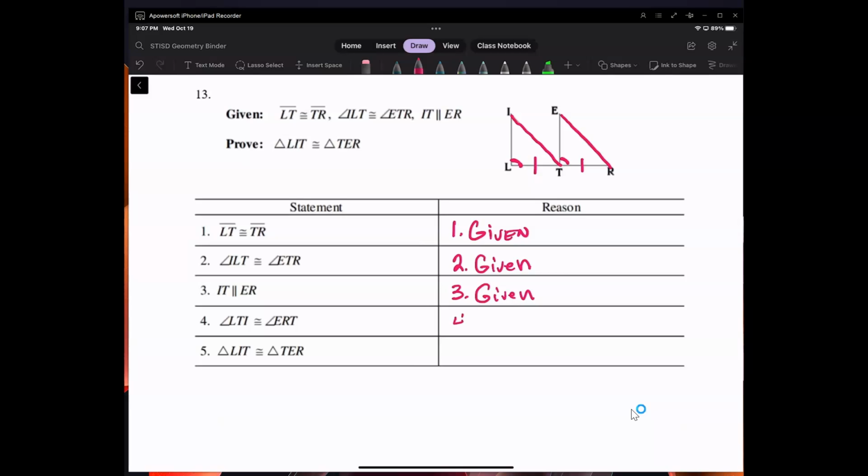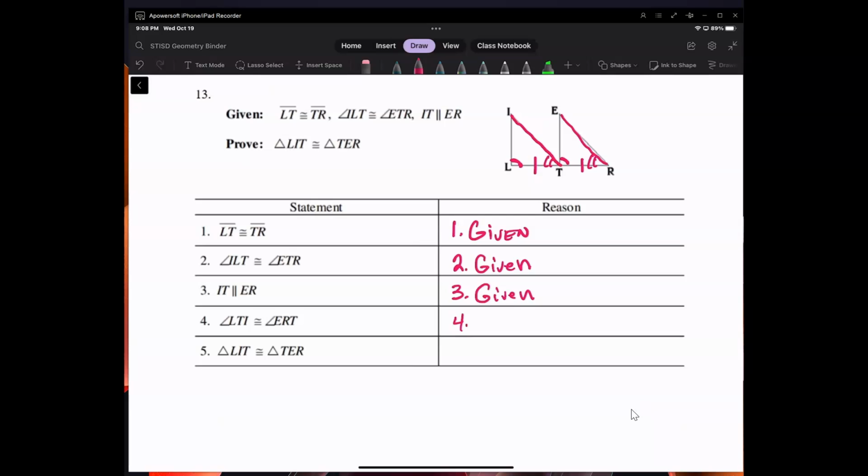So number 4, we have angle LTI, so I'm going to put two markings, is congruent to angle ERT, and I'm going to go ahead and use two markings, okay? Do you know why? You just have to ignore those two segments, IL and ET.